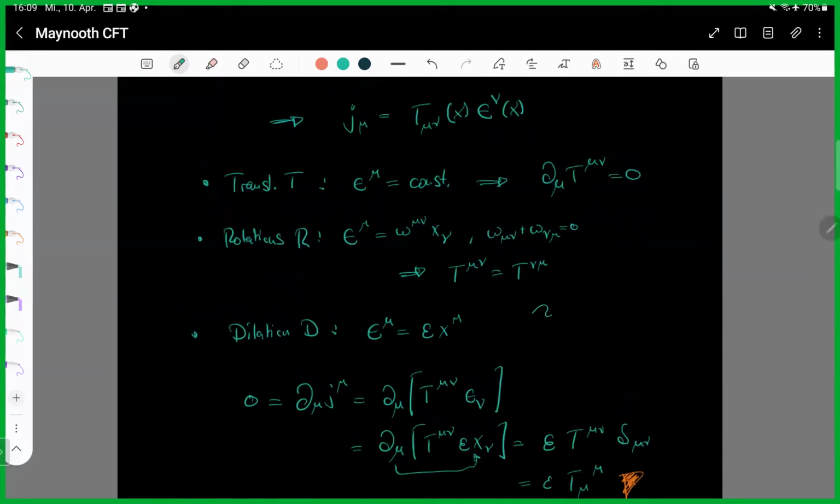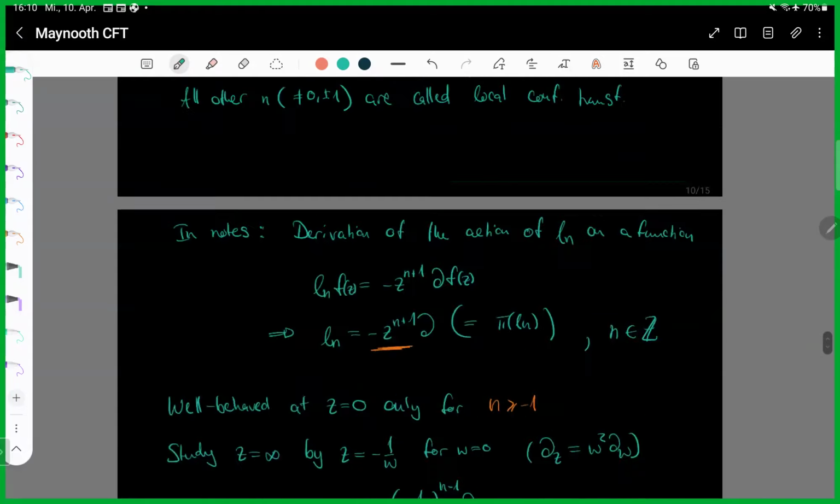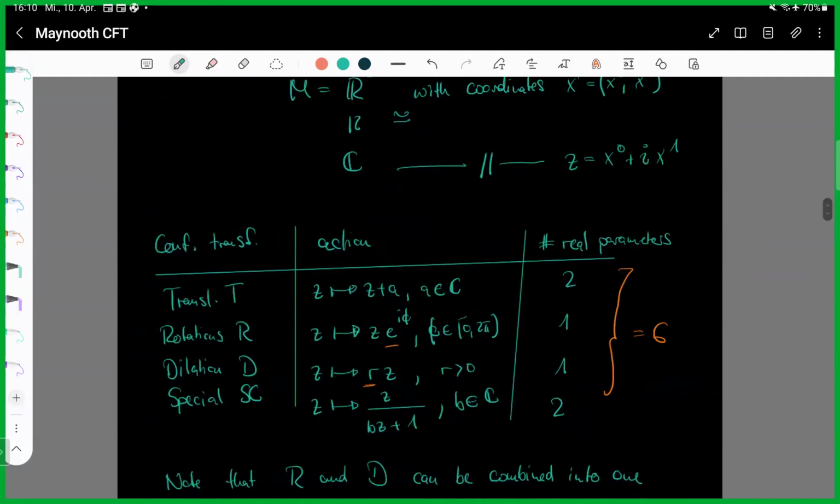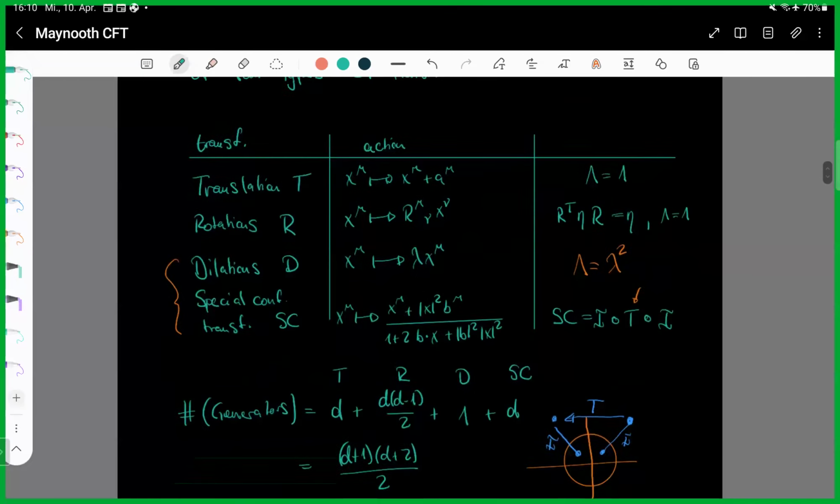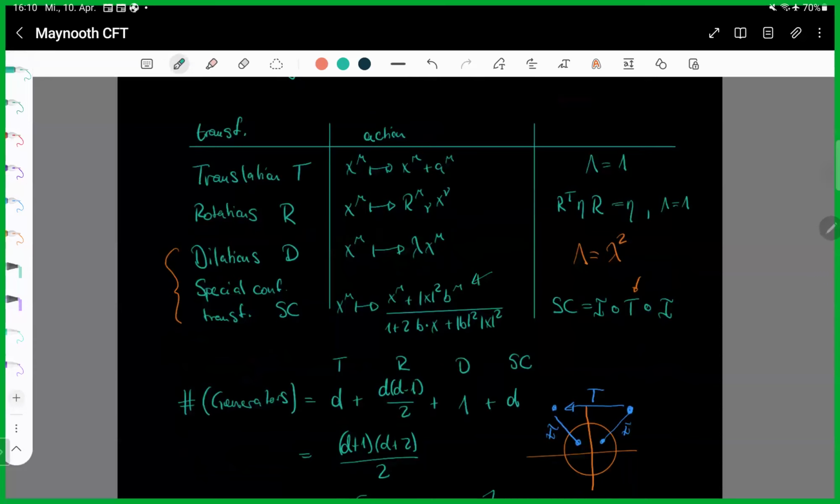What we need to check is, if you remember, for an infinitesimal special conformal transformation, we would have to derive, for general dimension, the analog of this transformation here, and throw that into the equation. What it should be is just quadratic: something like x goes to x plus some number, here in this case bx squared, just as in the two-dimensional case. And then we can go ahead and see what we find.